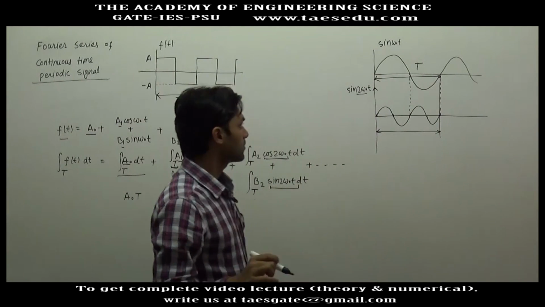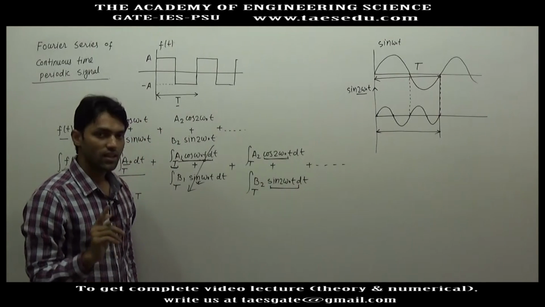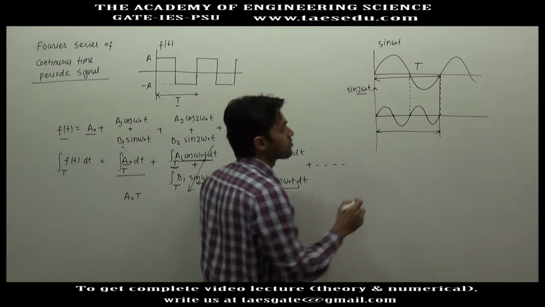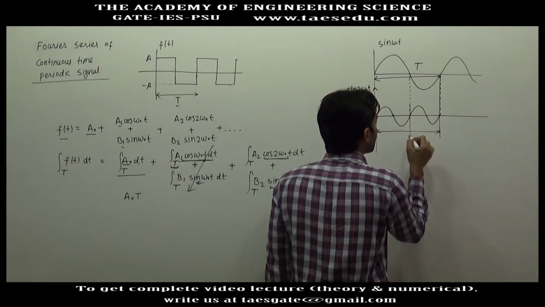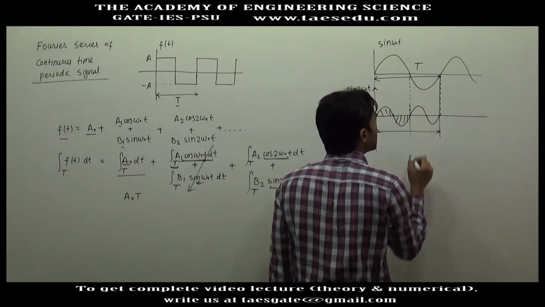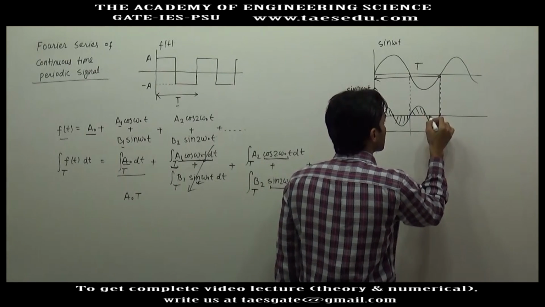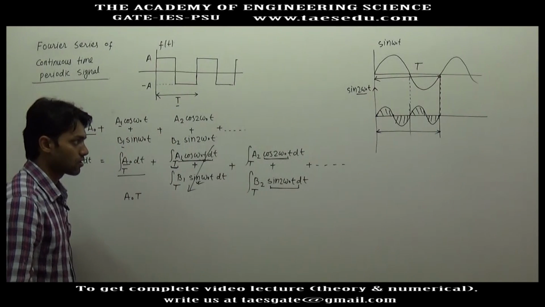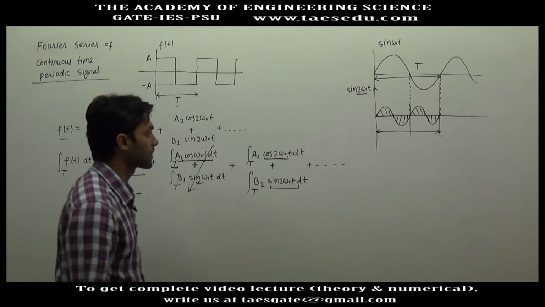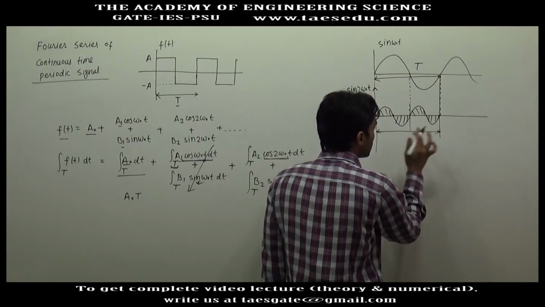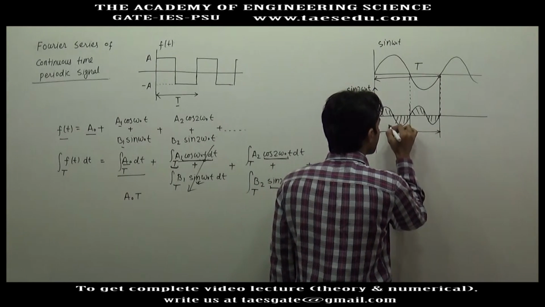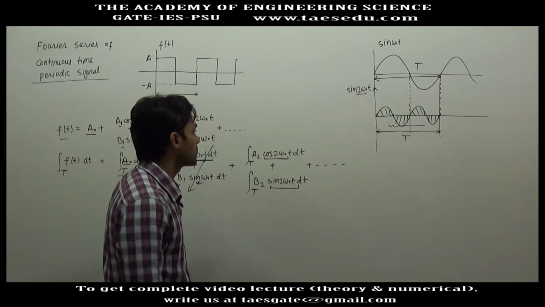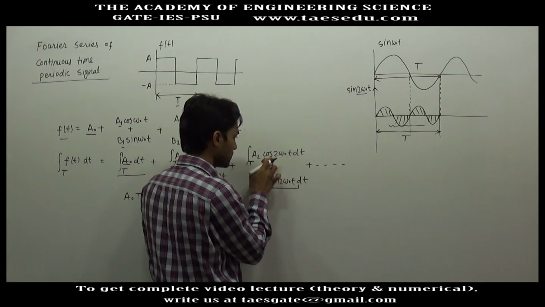What we learned from the previous discussion is that in any complete cycle the total integration will be 0. So here we have 2 complete cycles. In the first cycle we have total integration 0, and in the second cycle also we have total integration 0. Or we can understand it this way: the duration of integration for this sinusoidal signal is T. What is the time period of this signal?